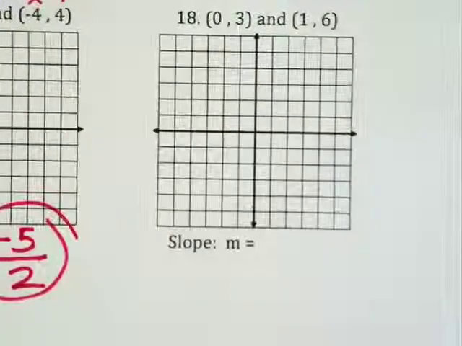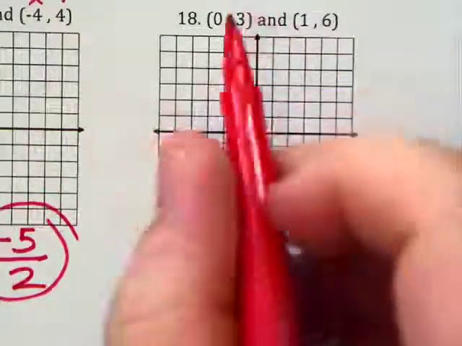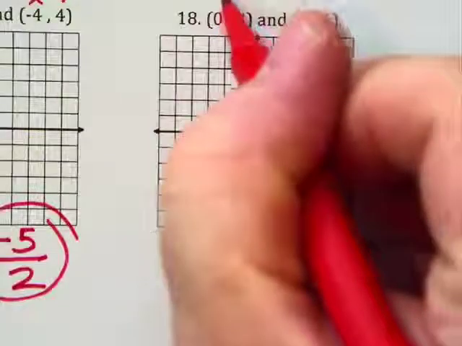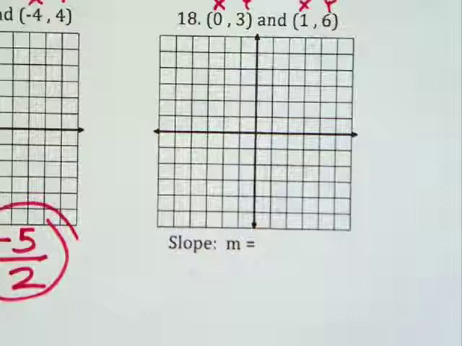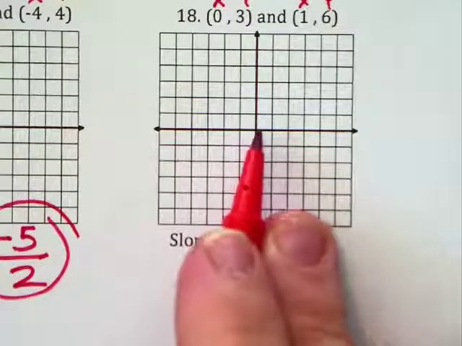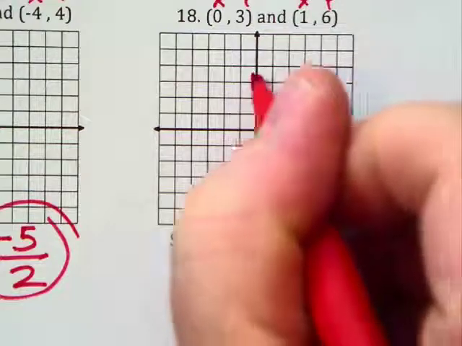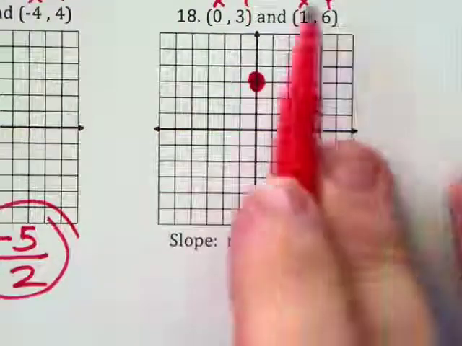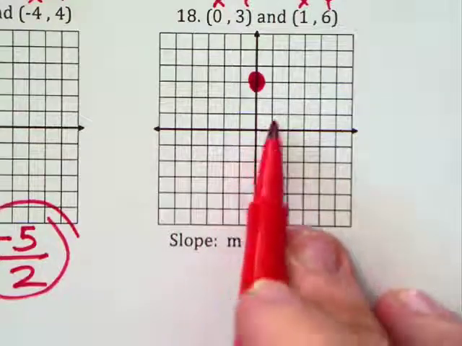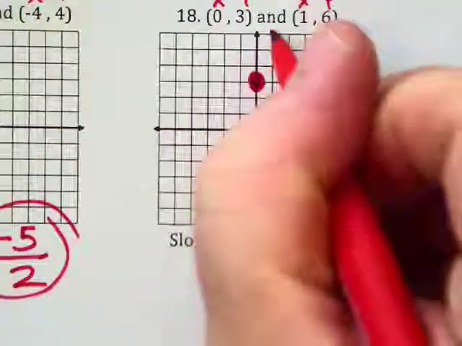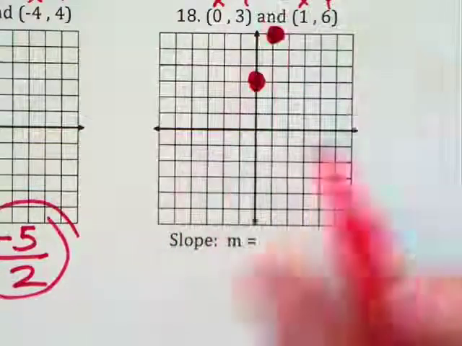Number 18. We're going back and forth 0 because that's our x and our y. Okay, so our x is 0, but our y is +3. So we're going to go up here to 3 and put a point. And this point here, we're going x to +1 and y all the way up here to 6. (1, 6).